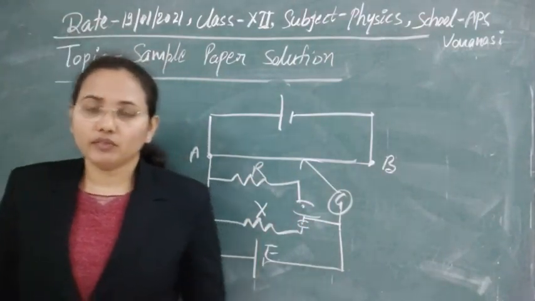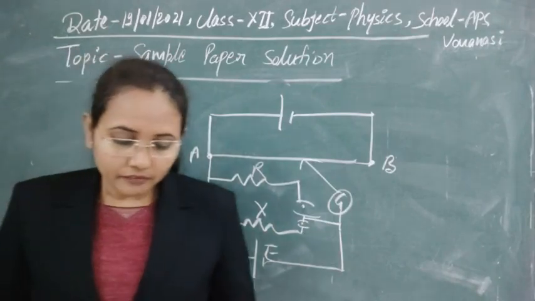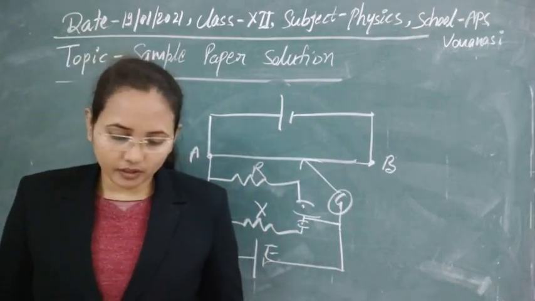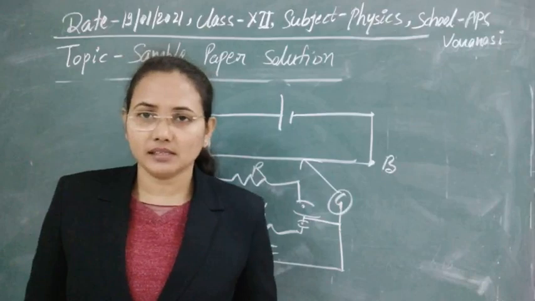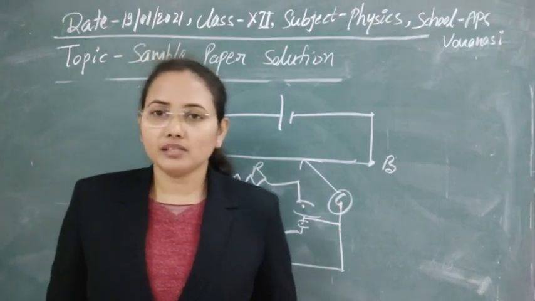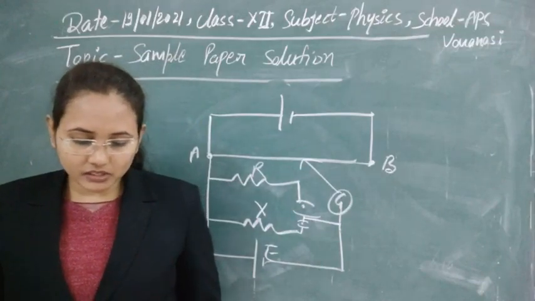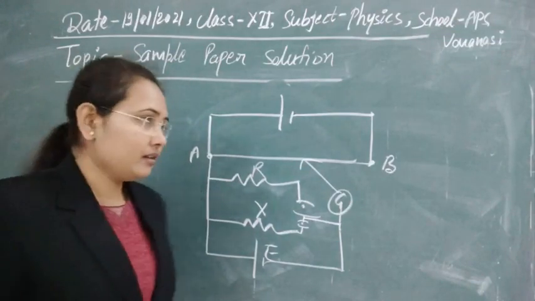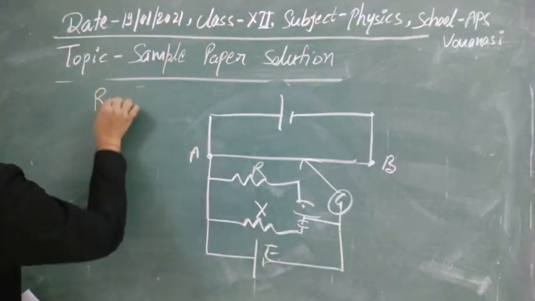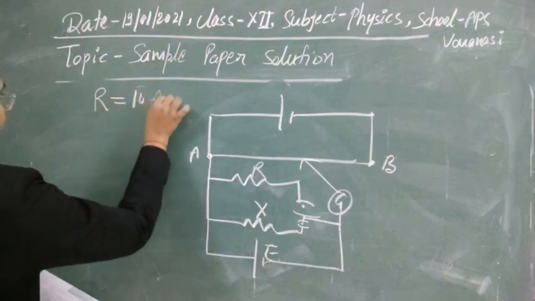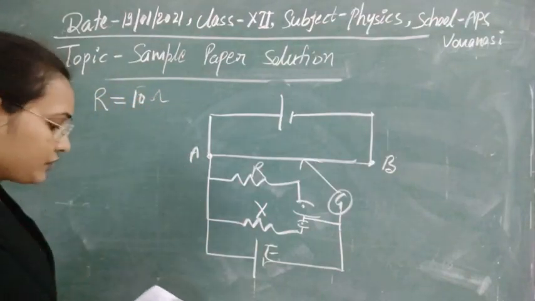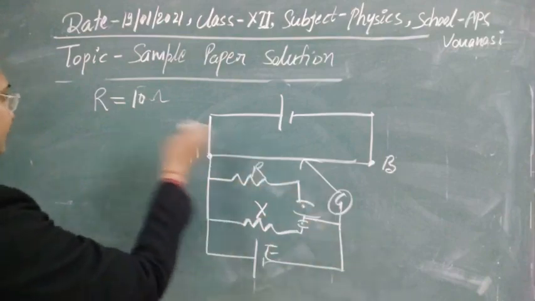Now come to the question. The figure shows a potentiometer circuit for a comparison of two resistances. So we can also compare two resistances by using a potentiometer. The balance point for the standard resistor R equal to 10 ohm is found to be 60 centimeter.